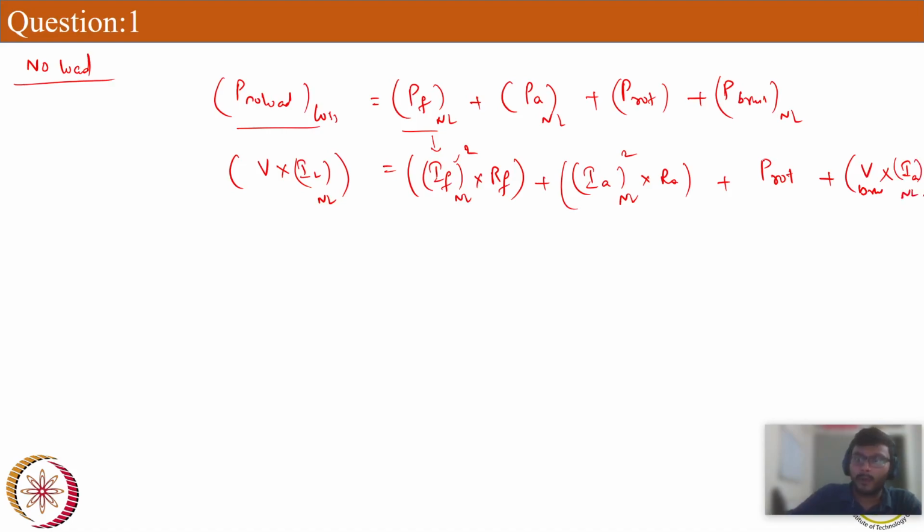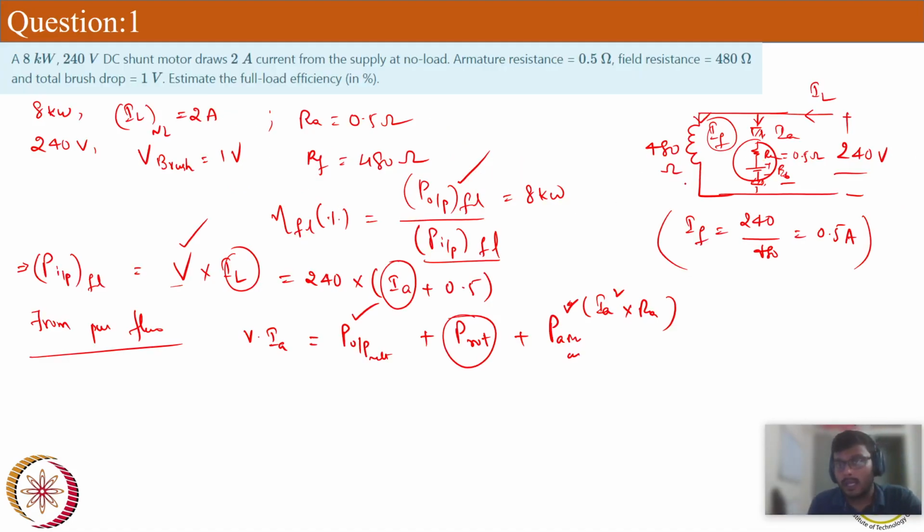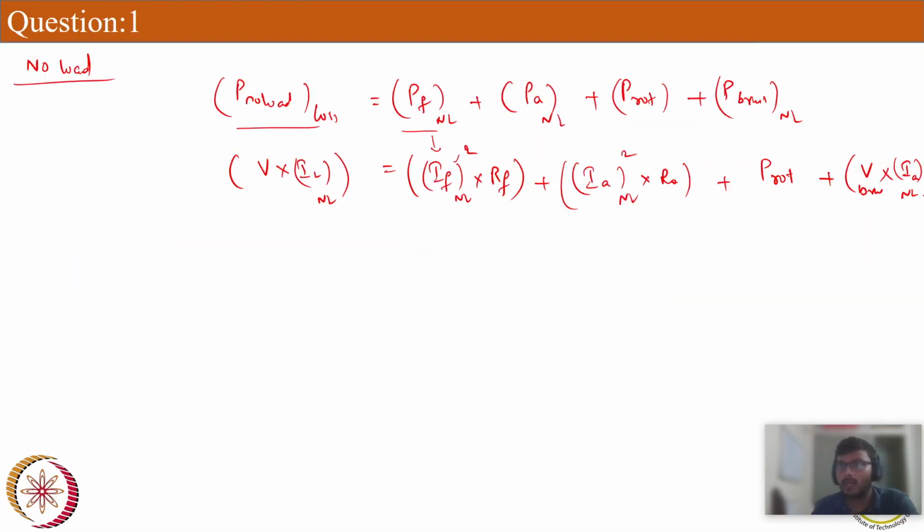Now this is one important point I want to say. Here are the location of the brushes, right? What is the current flowing through the brushes? It's nothing but the armature current. To calculate the power loss of the brushes at no load, I need to multiply that voltage with the armature current at no load. That will give me the power loss of the brushes.